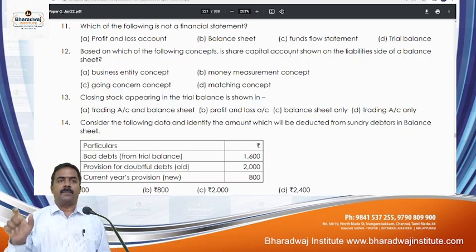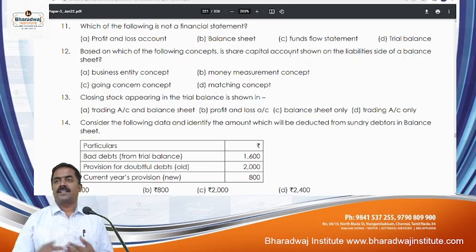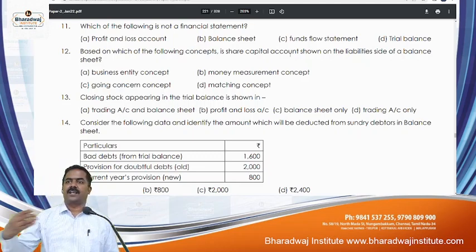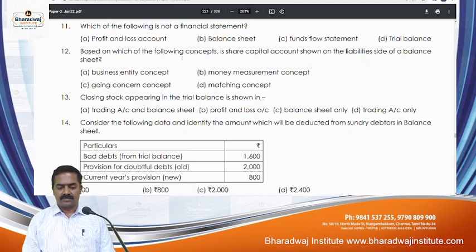Why do we show capital in the liability side? Because we treat owner and business as separate entity. We show the capital in the liability side. Why? Because business has taken money from the proprietor. It is liable to pay to the proprietor. So which concept? Business entity concept.